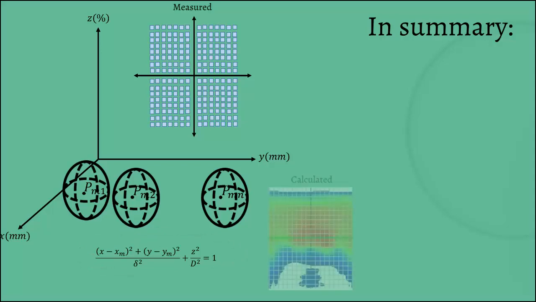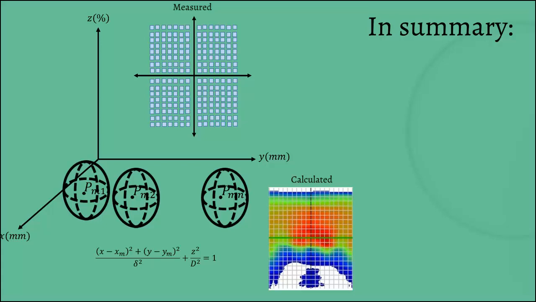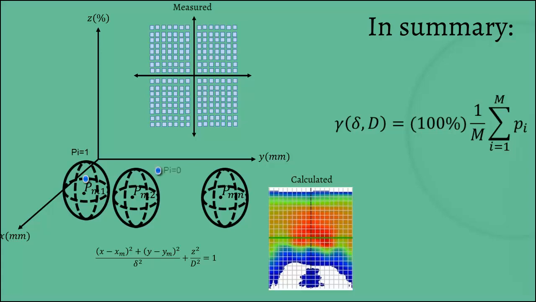We also have our calculated plane, the one generated by a planning system. What we're going to do is look within every ellipsoid for at least one coordinate point of the planning system that's within the generated ellipsoid of revolution. If there's a point, we have 1, and if there's none, we have 0. We add all of them, we divide by the total number of detectors, and then we multiply by 100.